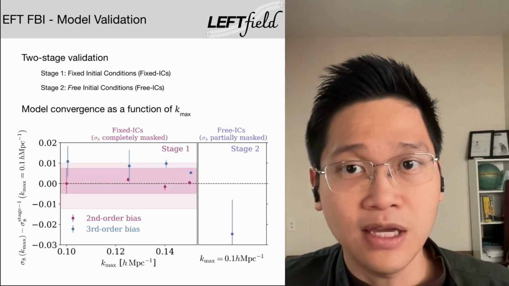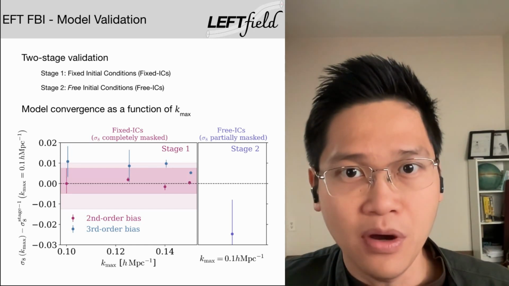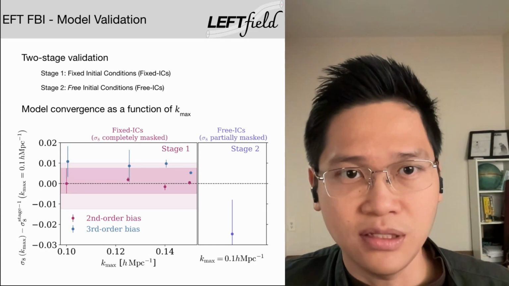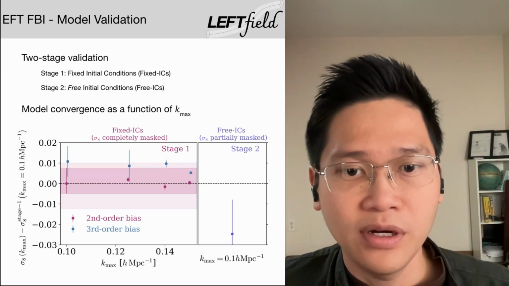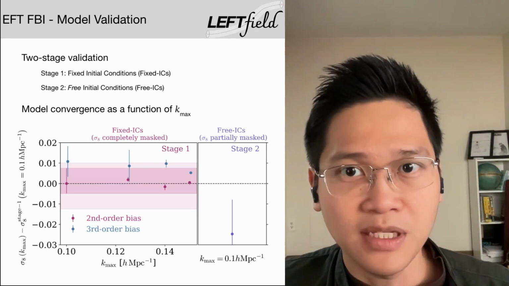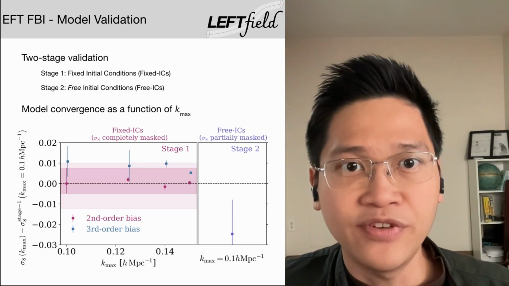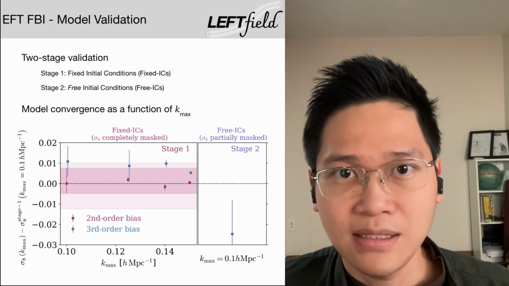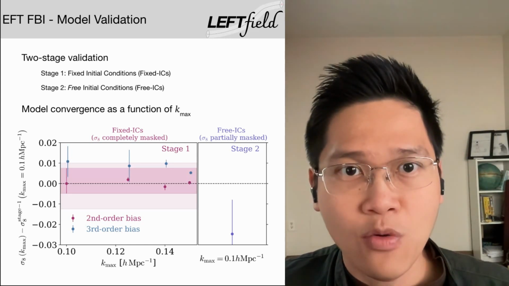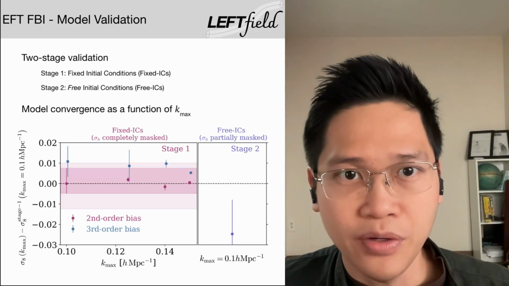It's important to keep in mind that stage 1 validation tests were performed on a single realization of the mock at fixed initial conditions. In general, we look at convergence of the inferred sigma 8 as a function of the scale cut Kmax for a variety of choices in modeling ingredients and analysis settings. Essentially, that was how we determined the Kmax up to which we trust our model.